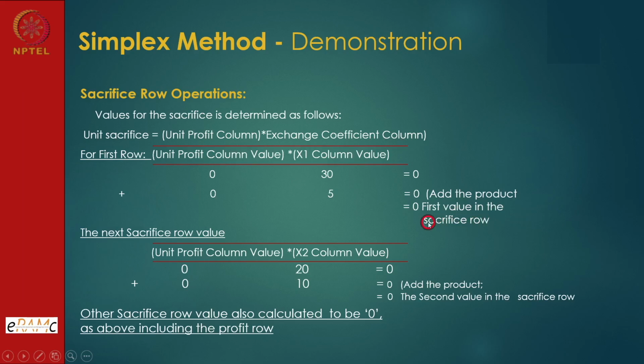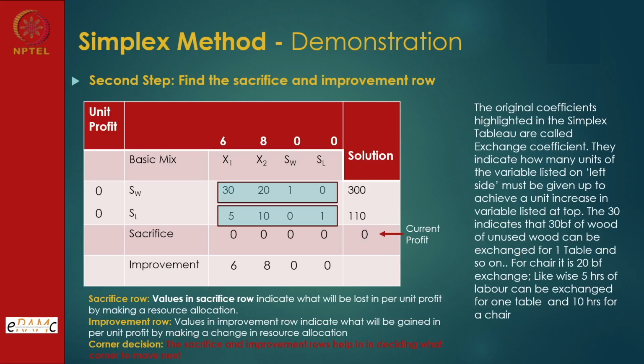This is the procedure: the first profit column value 0, and the x1 column, because the value is going in the x1 column, has 30 and 5. If we multiply and sum up, with a plus sign, we will get 0. So that 0 value goes into the sacrifice row.